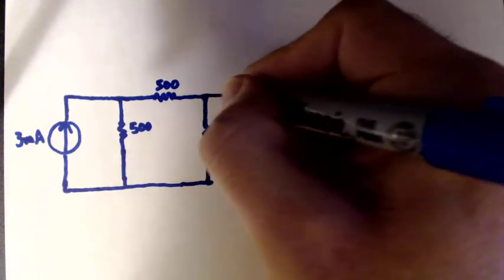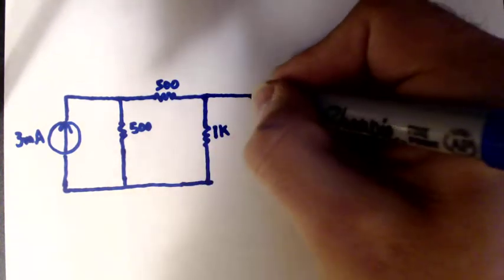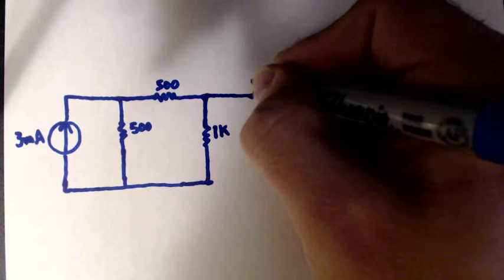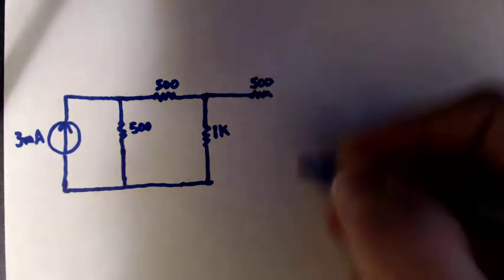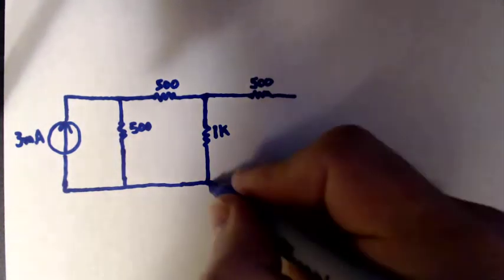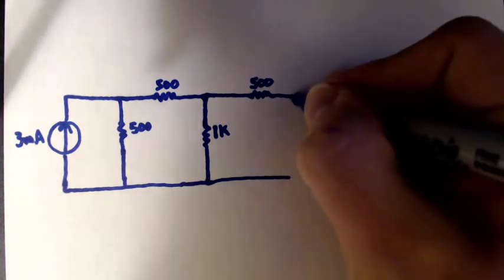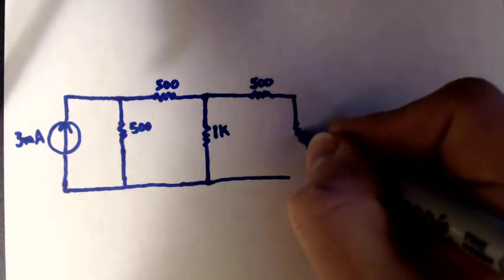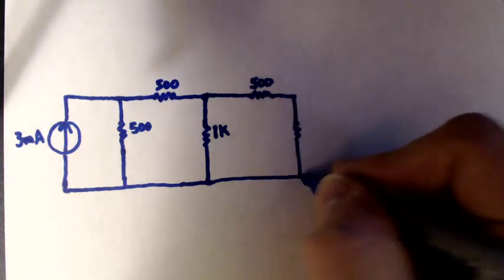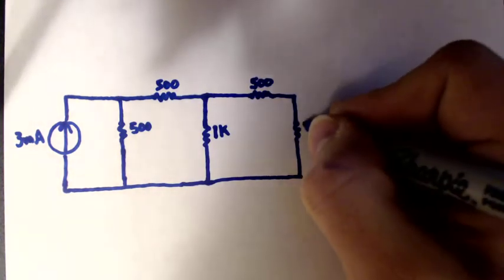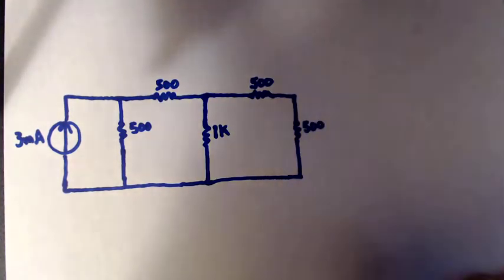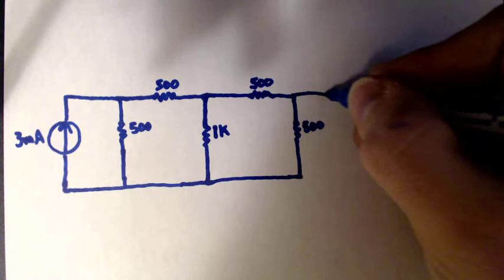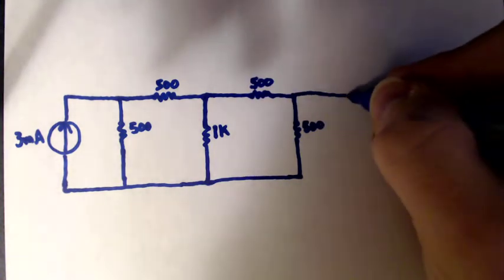A 1K in the middle. 500 up there. 500 over here, and then we'll give ourselves one more current source.